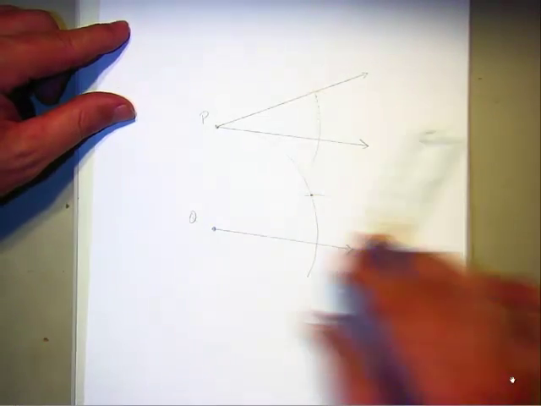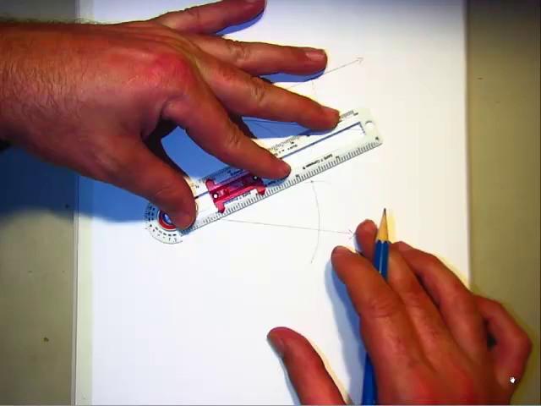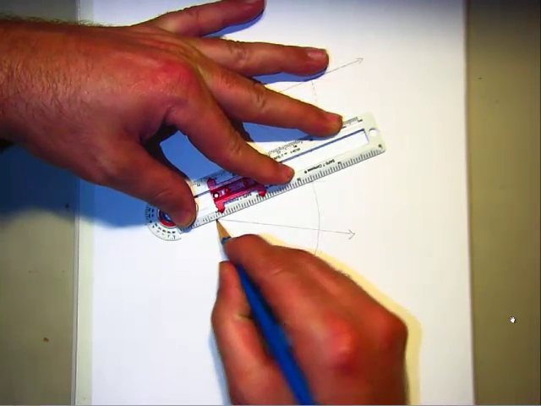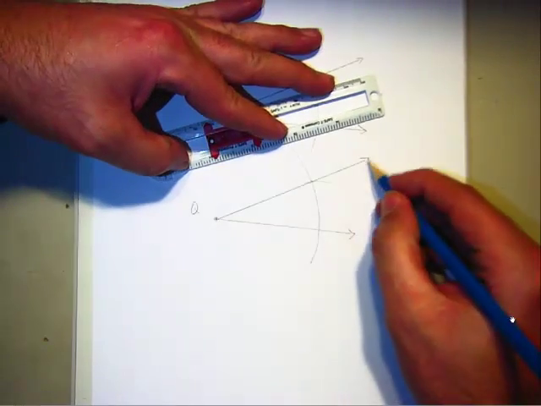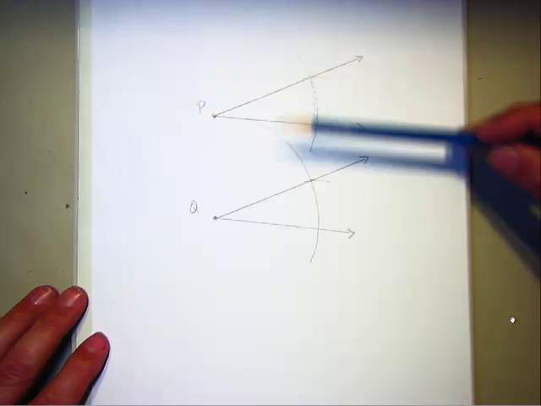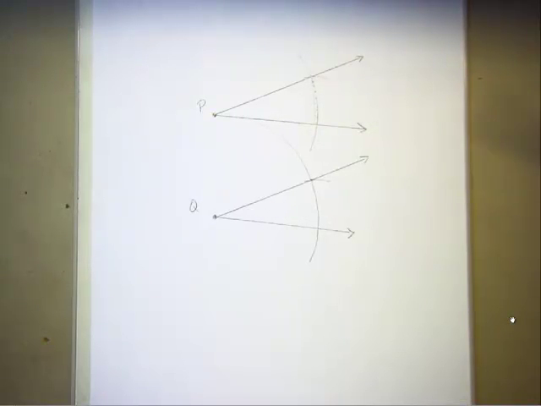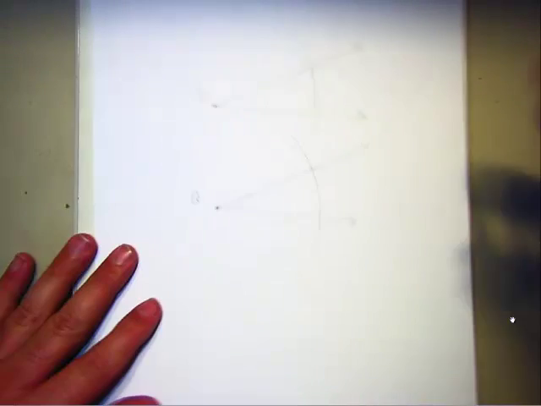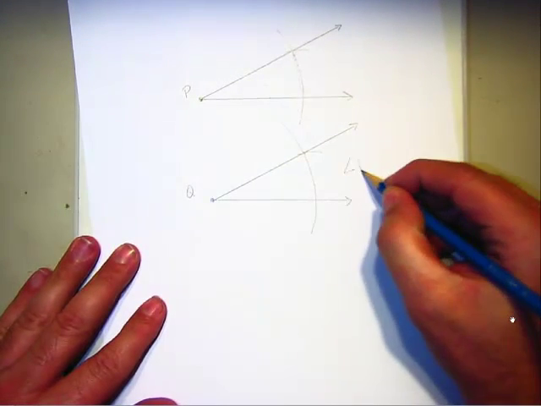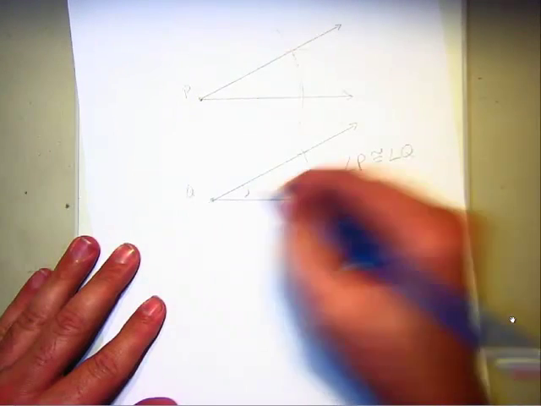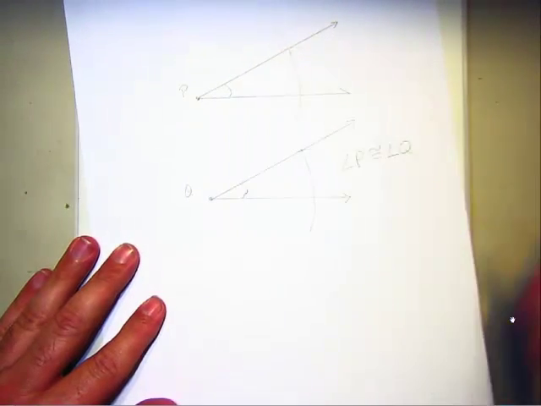So I'll put a little point there just to help myself out, and I'm going to draw the other side of this angle exactly through that point from the vertex. Okay, and these two angles, because of the construction, and we'll learn more about why it makes congruent angles, we know that now angle P is congruent to angle Q. Okay, and if we put a loop on there, we could put a matching loop on there.